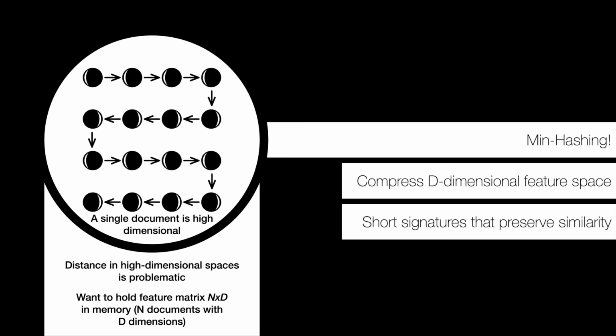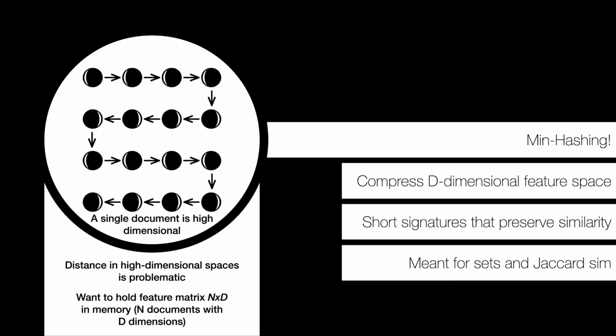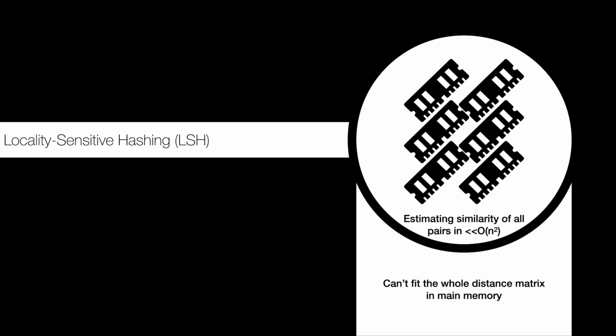So for these small signatures that are going to be hopefully much smaller than the full feature vector, the similarity between these short signatures is equivalent or very similar to the similarity in the full feature space. Like I said, this is meant for contexts where we have sets and we want to evaluate Jaccard similarity. There are other methods for other distance metrics as well, which we'll talk about.